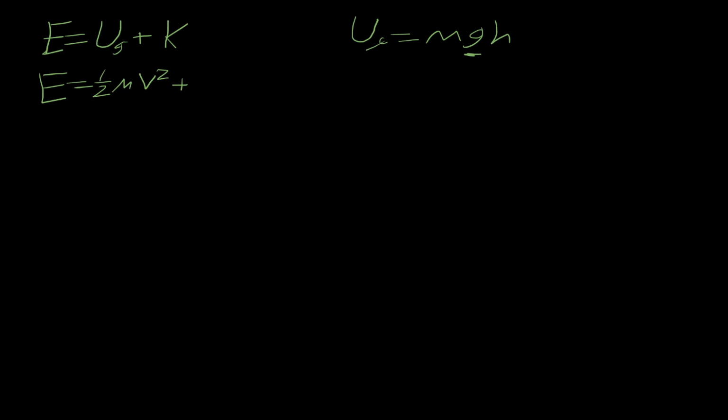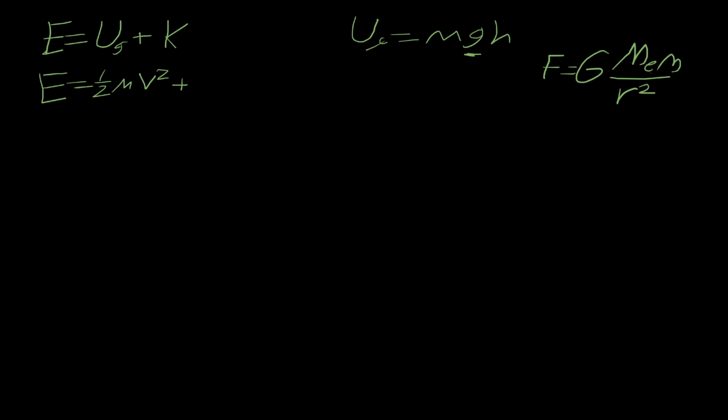So we need to start by finding a variable. From our orbit equations, we know that the force toward the center, or at least between the two objects, is equal to G big M, where big M is the Earth, little m is the satellite, over r squared.